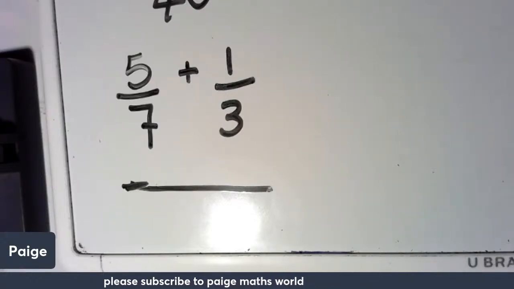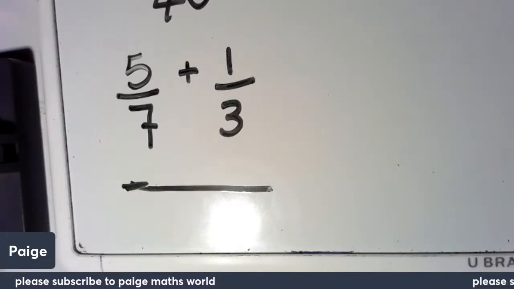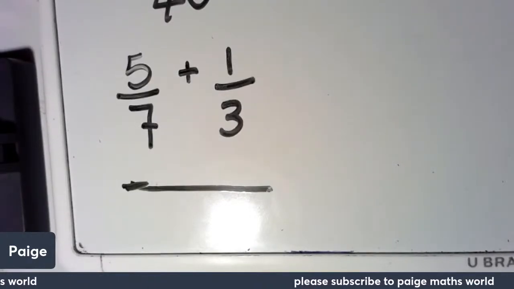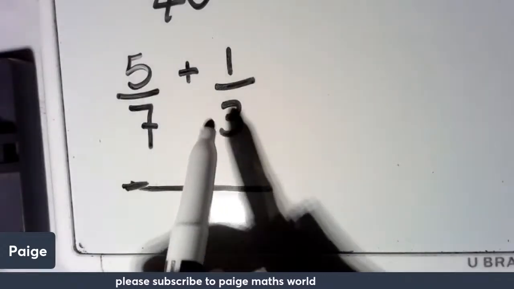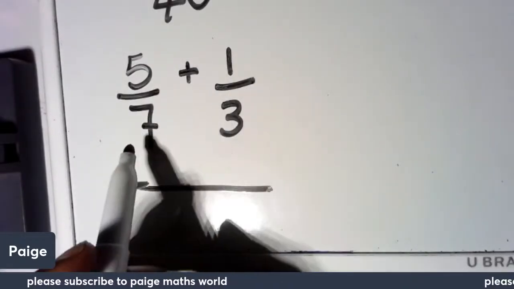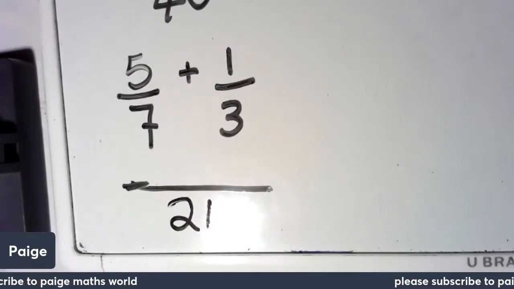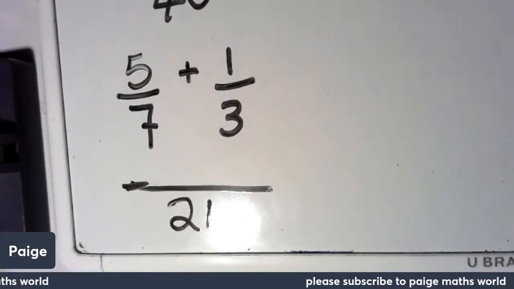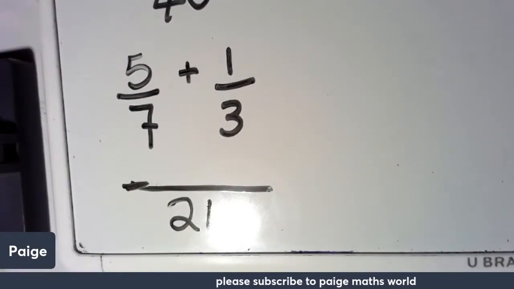Raymond said 23 over 21. All right, let us see. So LCM for 3 and 7 is 21. That part you guys got correct.